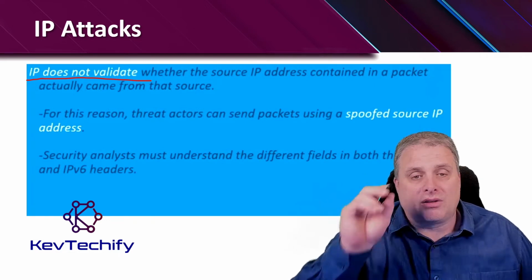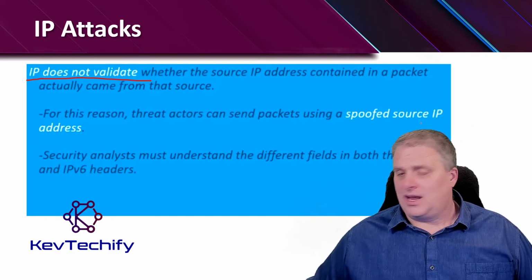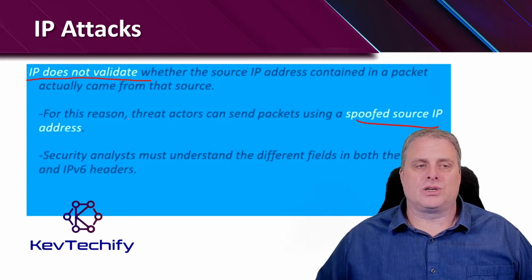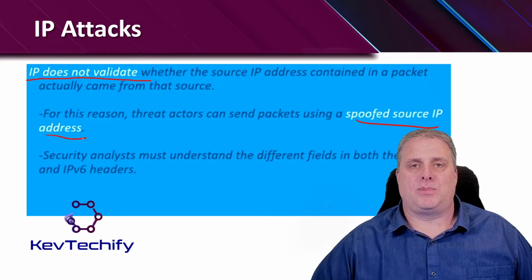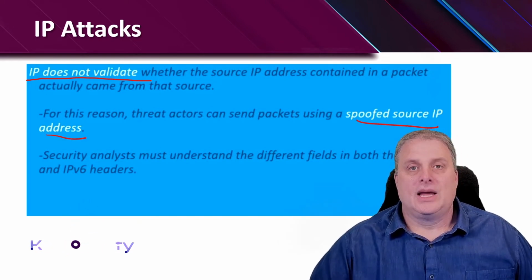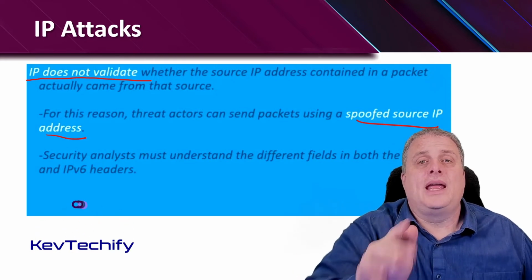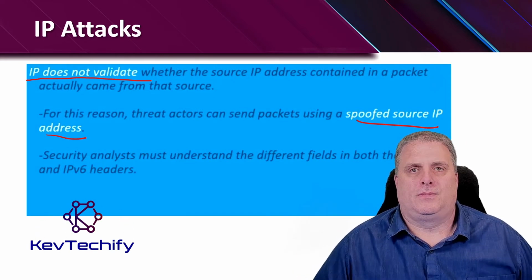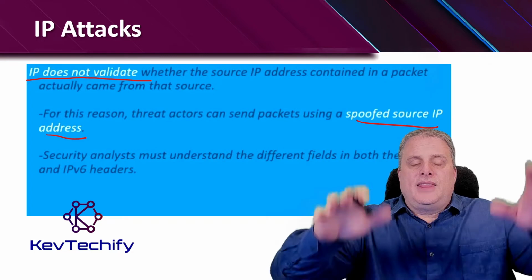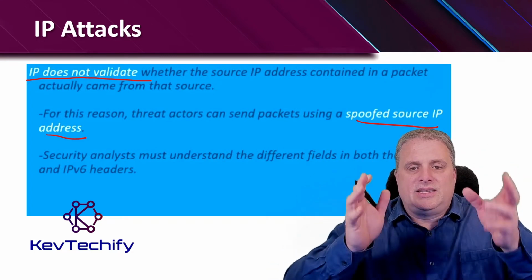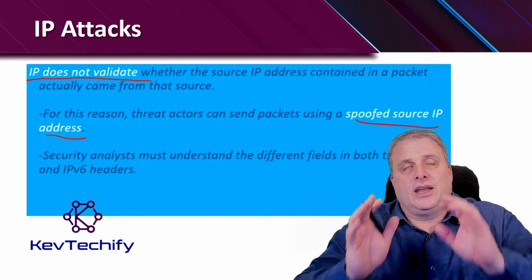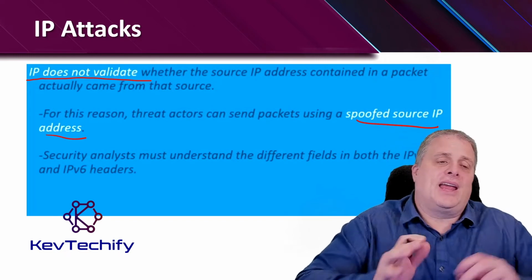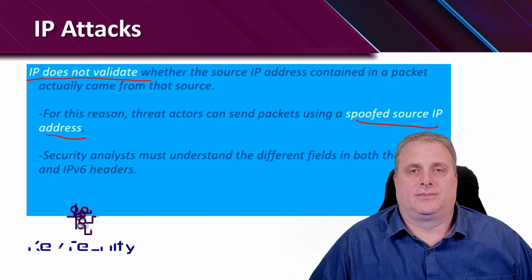Because of this, our threat actors can send a spoofed source address in their IP packets. They can put whatever source they want in that message. And security analysts have to understand the different fields in both IP version 4 and IP version 6 headers.